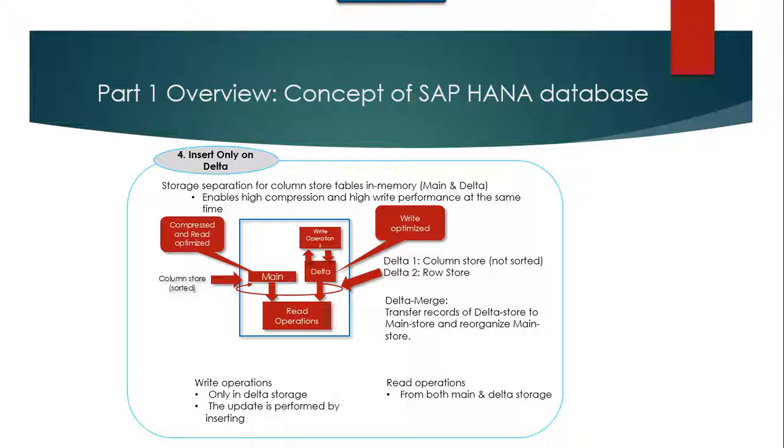For the read operation, it's on both main and delta storage. This means the delta table will have both read and write, but the main is only for read. What is delta merge? It will move the data to the main table. So it moves from the delta store to the main store and reorganizes the main store as well. That's the concept.